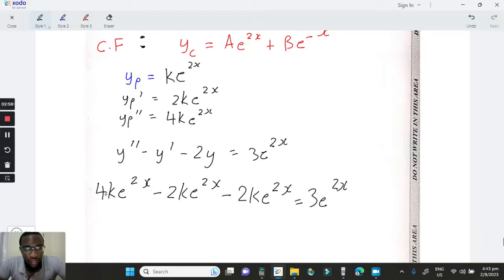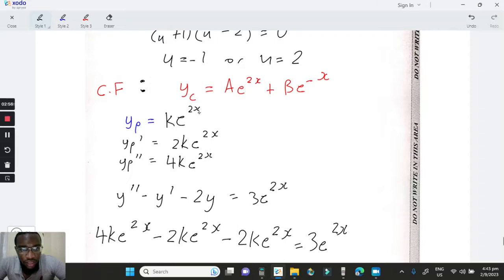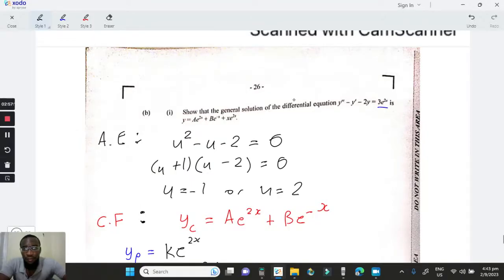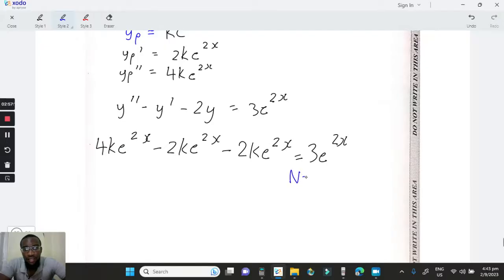So in that case, 4k minus 2k minus 2k, can't be that. That makes no sense. Do you see it? Something is off there. We put y is ke to the 2x, differentiate, 2ke to the 2x, differentiate again, 2 times 2 is 4ke to the 2x, minus y prime, and this is presenting what? No solution. This right here is presenting no solution.